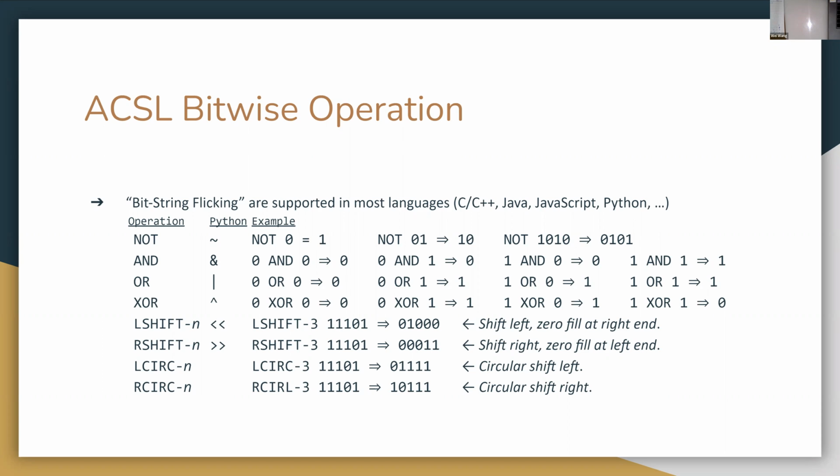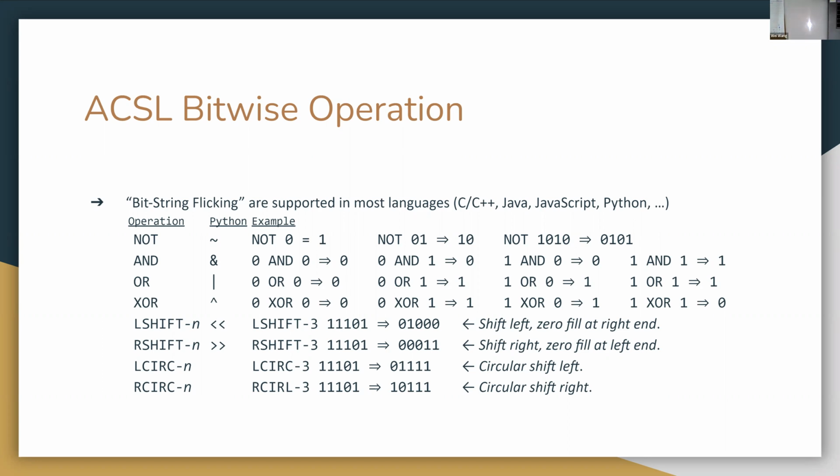And then OR is basically saying that if this is true or that is true, then the result is true. So when you're dealing with the OR operator, if either bit is true, the end result is true, is 1.